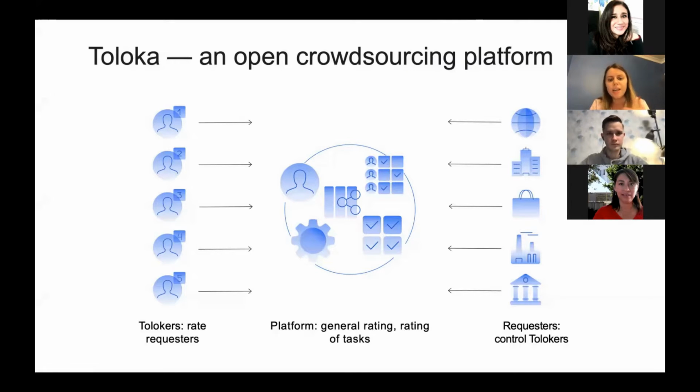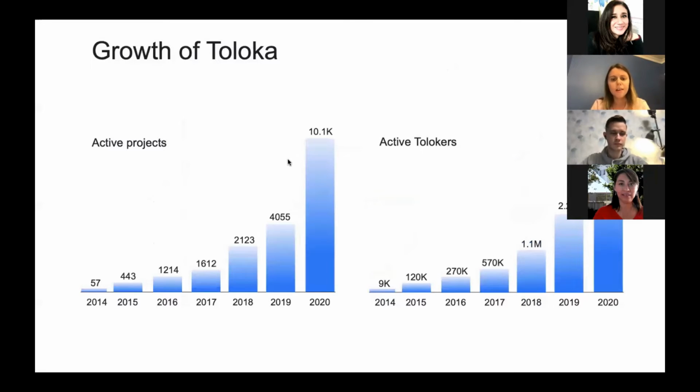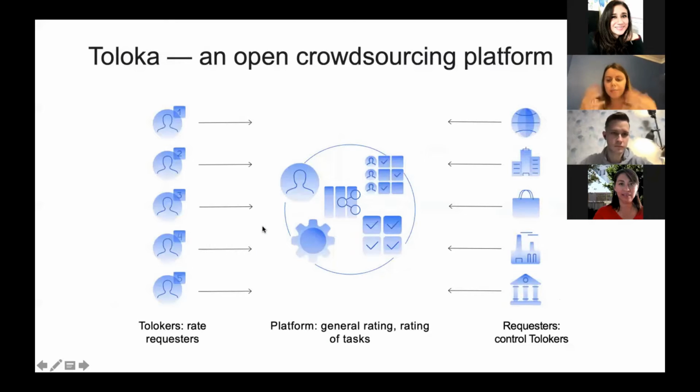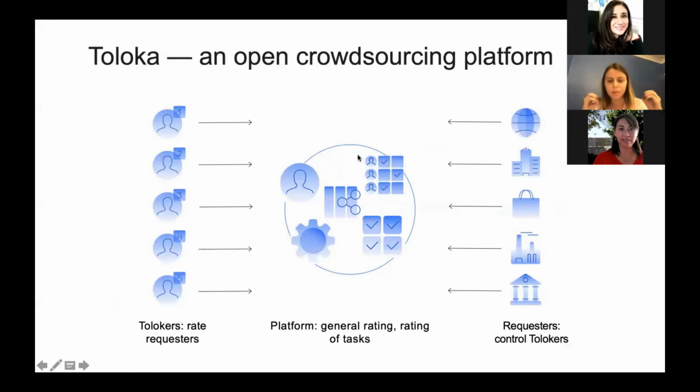And we as a platform give them technology. First of all, we bring them together, and we give them an opportunity to get what they want. Requesters get high quality data, and performers, Tolokers, get income.